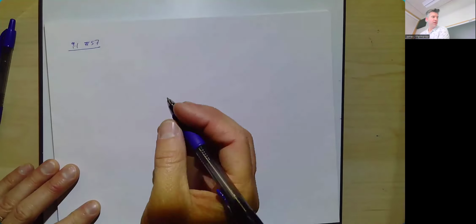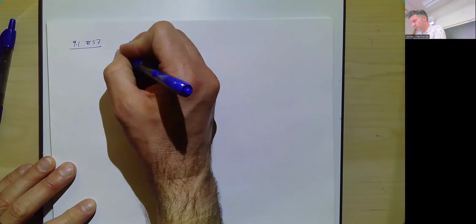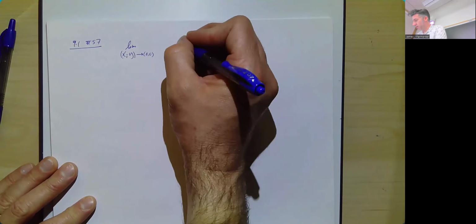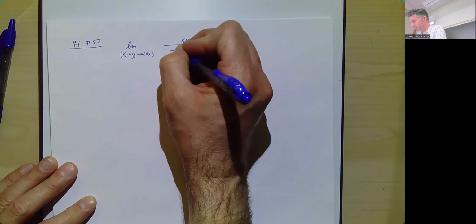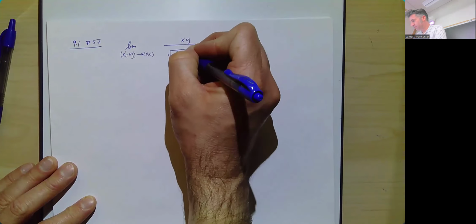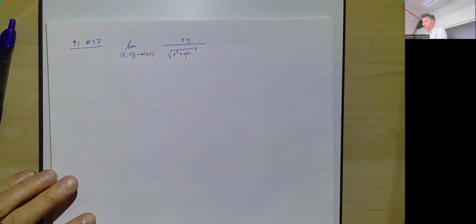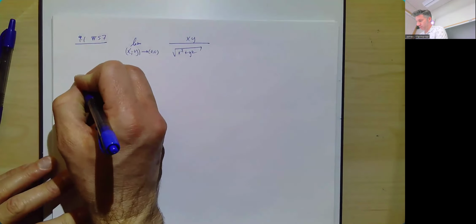Let's take a look. The limit as (x, y) goes to (0, 0) of xy over the square root of x squared plus y squared. To me, this looks like a prime candidate. Actually, I feel like we could do this one either way. We might actually talk about doing it either way. But let's do it using polar first.